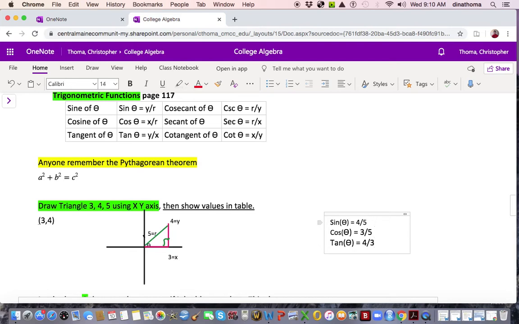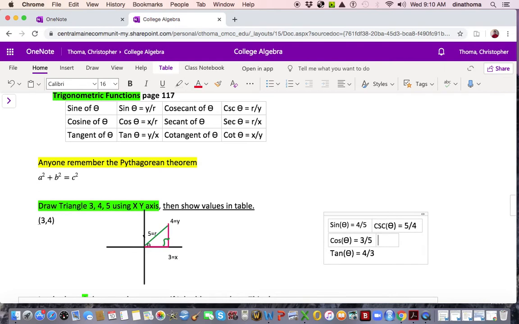Now, if I want to find their inverse functions, so cosecant of theta will equal r over y, and basically it's the inverse. You just flip it, so that becomes 5/4.